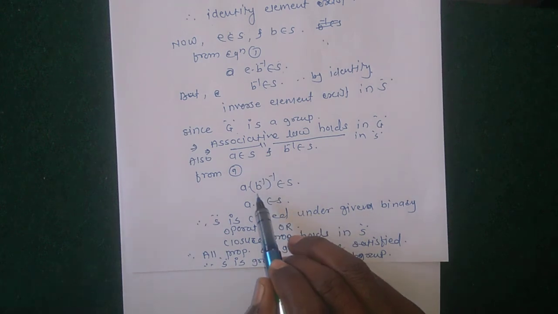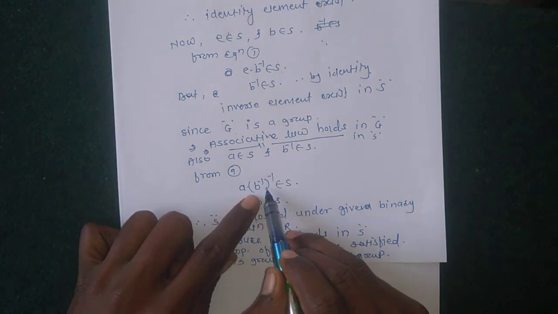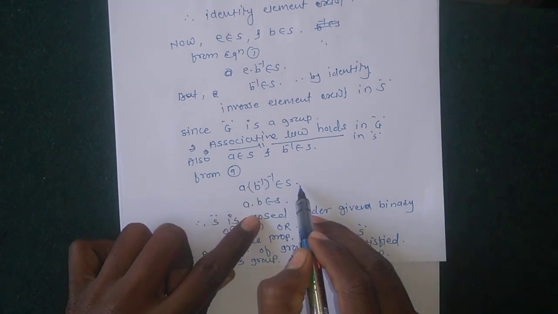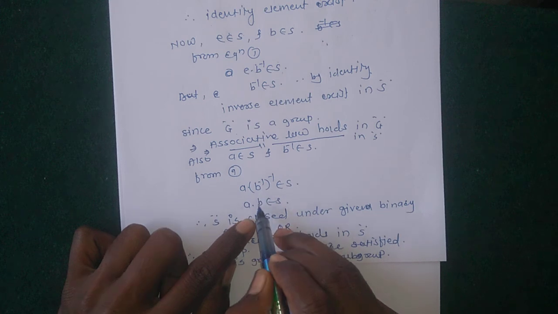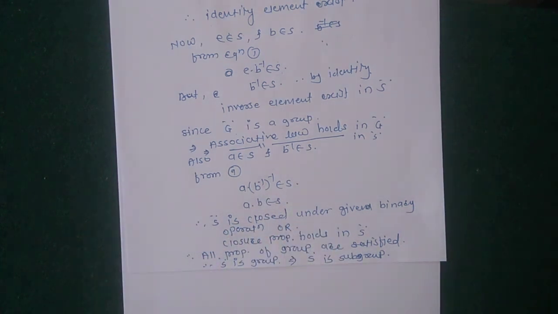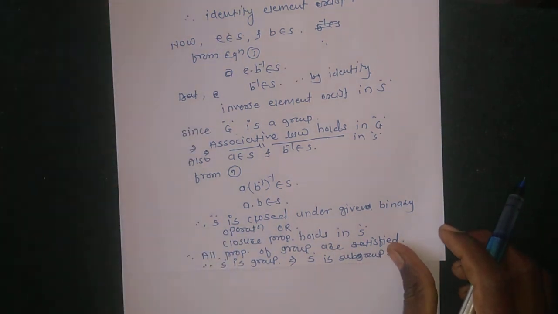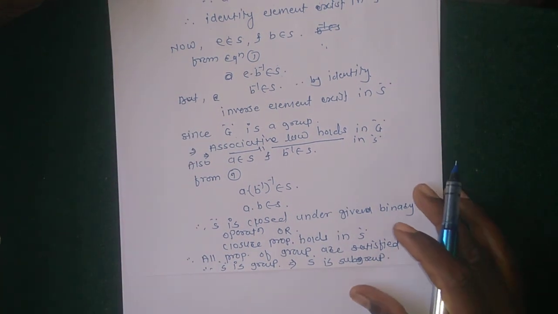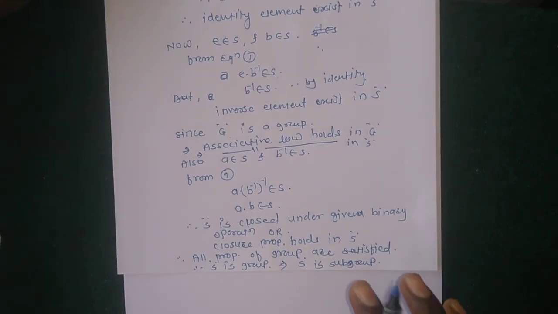Therefore A into B inverse inverse belongs to S, but the value of B inverse inverse is B. Putting this value, AB belongs to S, meaning S is closed under the given binary operation, or the closure property holds in S. Therefore all four properties are satisfied. Therefore S is a group, which implies that S is a subgroup of G.